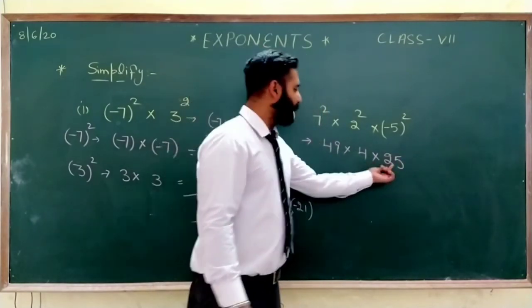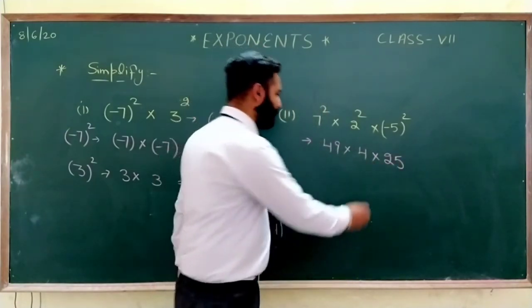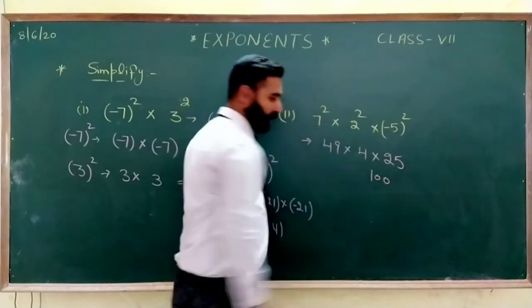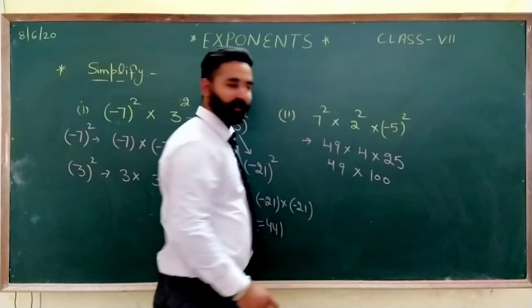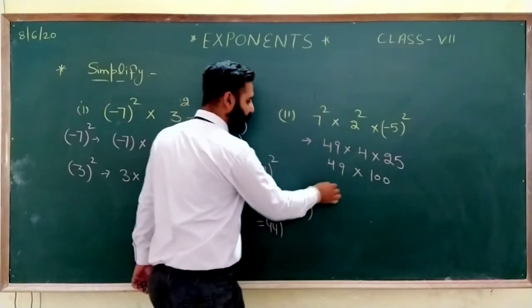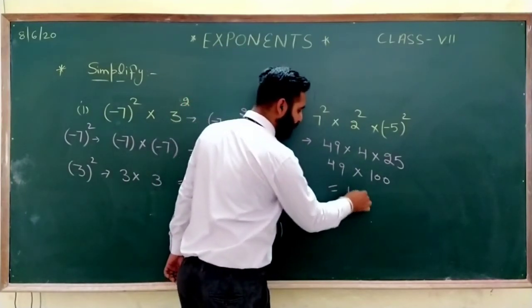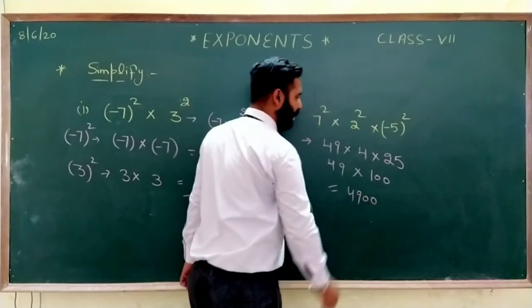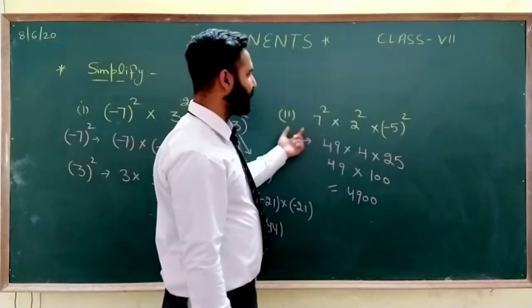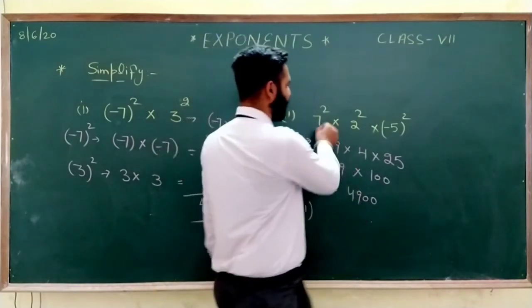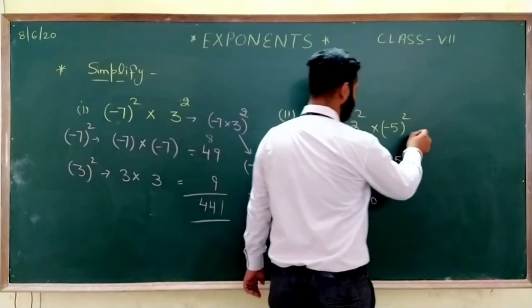So now 25 into 4 will become 100, multiplied by 49. Fine. So 49 into 100 will become 4900. Is it clear?